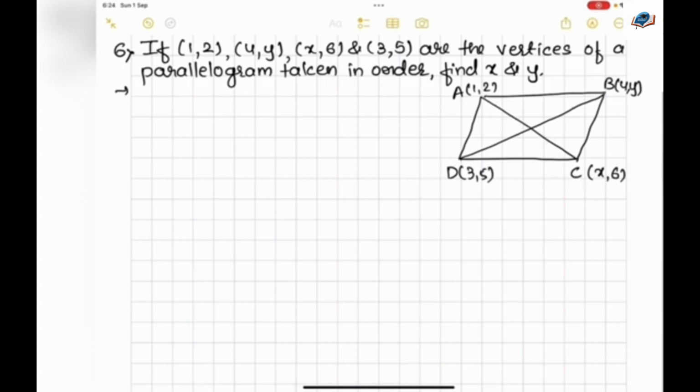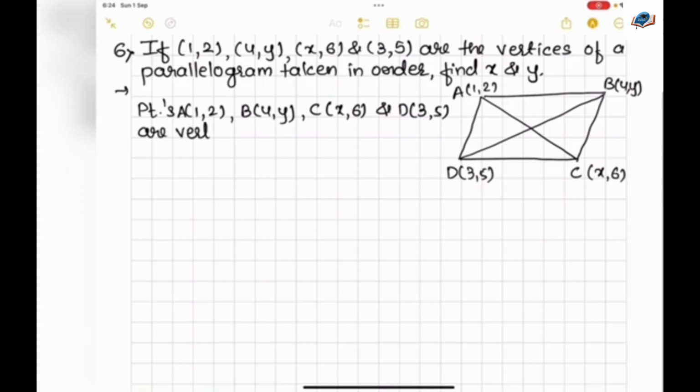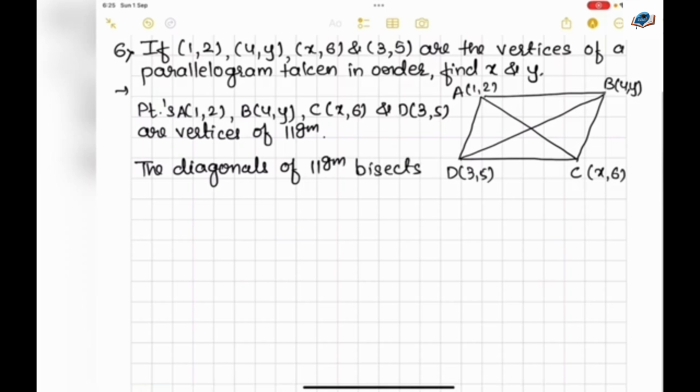Now given is points 1 comma 2, that is A, B 4 comma y, C x comma 6 and D 3 comma 5 are vertices of parallelogram. The diagonals of parallelogram bisect each other.